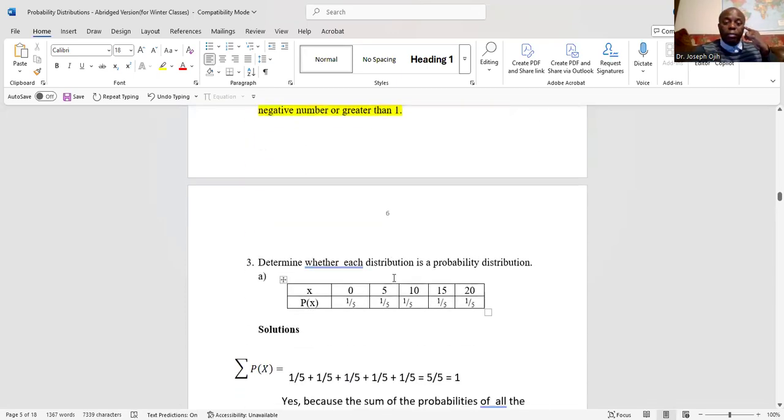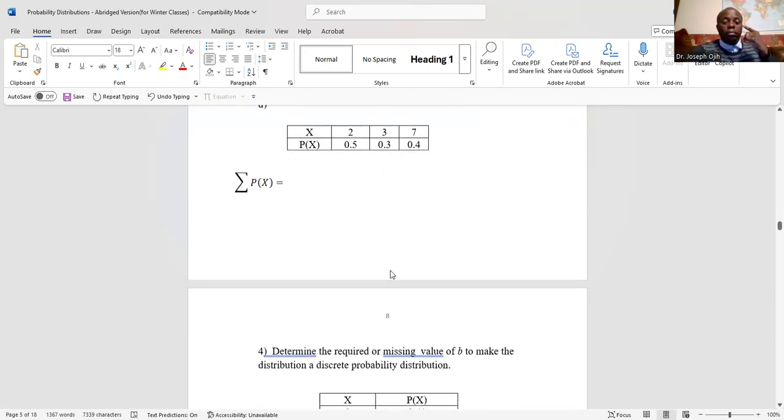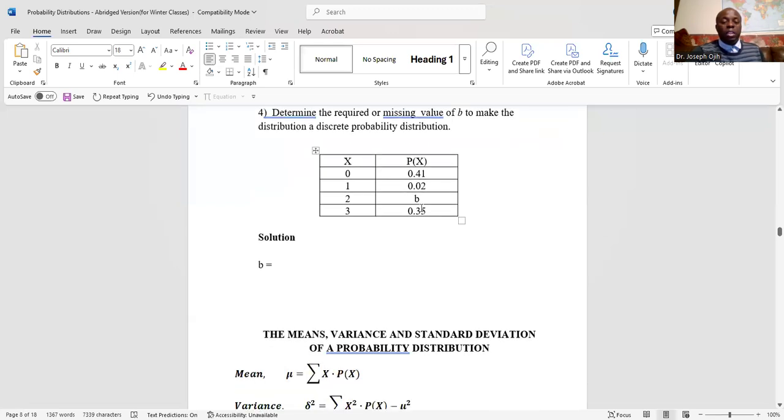So having that in your mind, you can solve this one. That means everything here should add to 1. So to find B, all you have to do is subtract everything from 1: 1 minus 0.41, 0.02, 0.33. Please use your calculator.